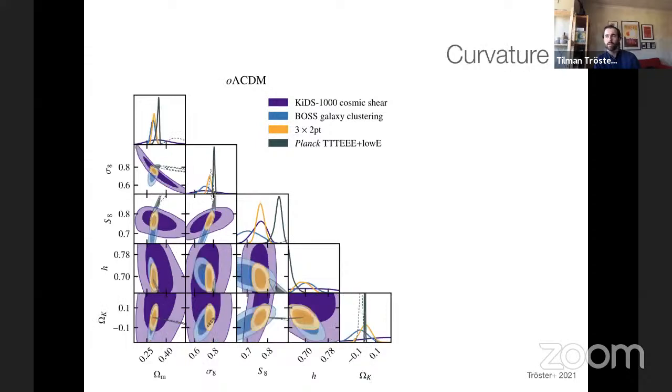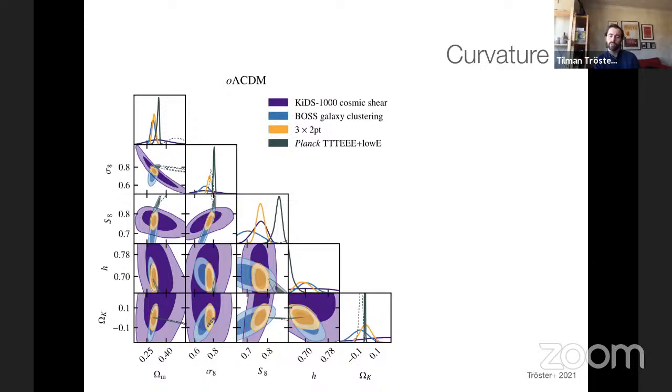Then moving on, removing just the assumption of flatness. There has been quite a lot of fuss over the last year or two about preference in Planck for a negative omega case. So we try to do that as well, just with our data by itself without including Planck, because we see a tension with Planck, so we're not comfortable combining with Planck.